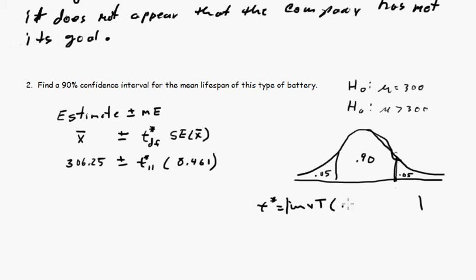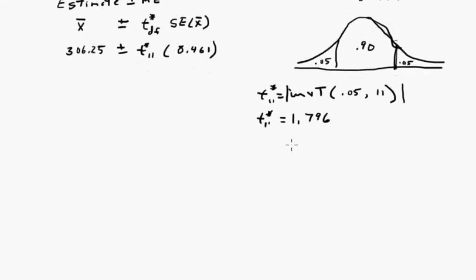So I'm going to put in 0.05, but the difference is now I need to put in the degrees of freedom, which is 11, and take the absolute value of that. Put that into my calculator, and what I get is 1.796.